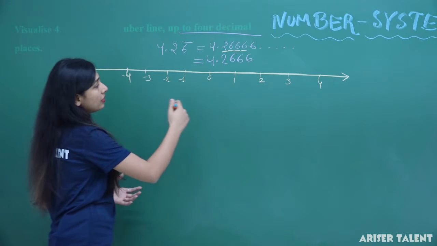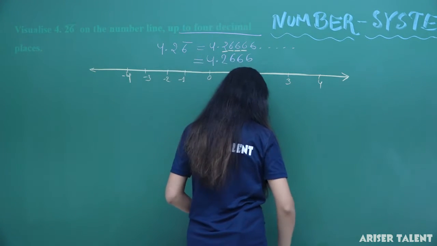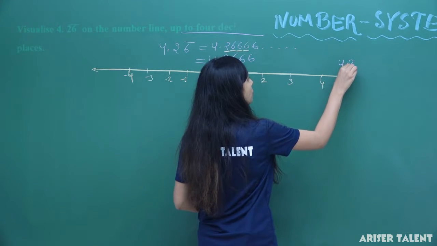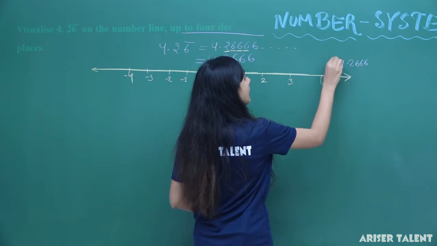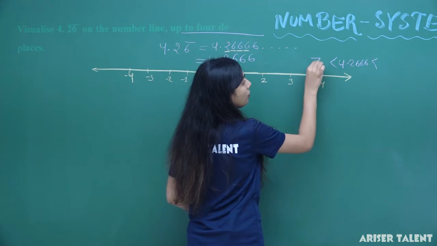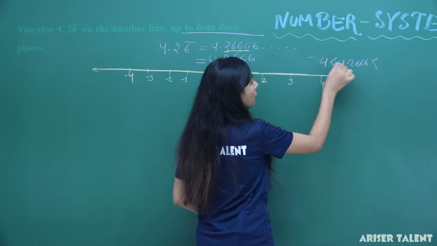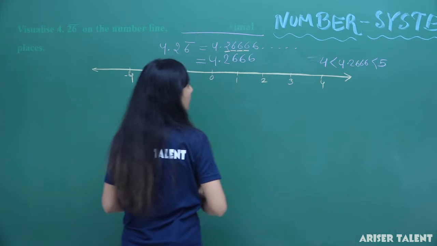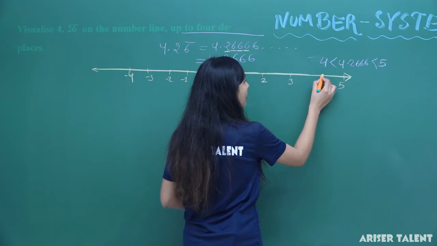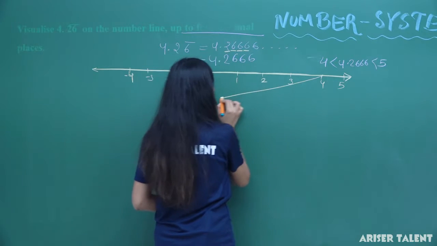Now I have this 4.2666, that will obviously lie between 4 and 5, right. So I have to give 5 here also. So I am going to magnify this one.